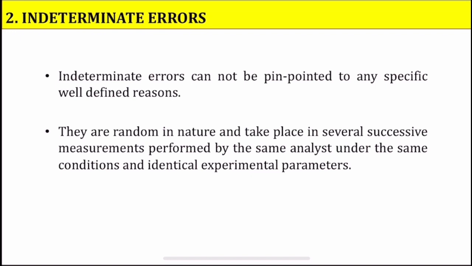This reinforces their random nature and highlights that even controlled environments cannot completely eliminate these errors. In a sense, indeterminate errors are an unavoidable aspect of scientific measurement due to their inherent unpredictability and the minor uncontrollable variations in the measurement process.